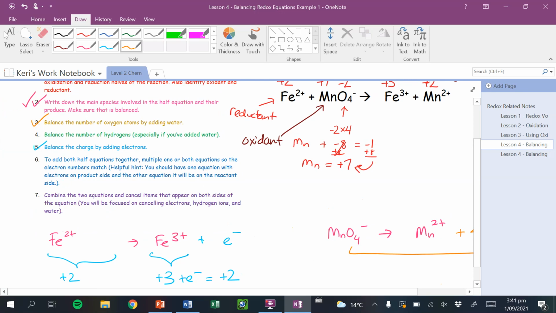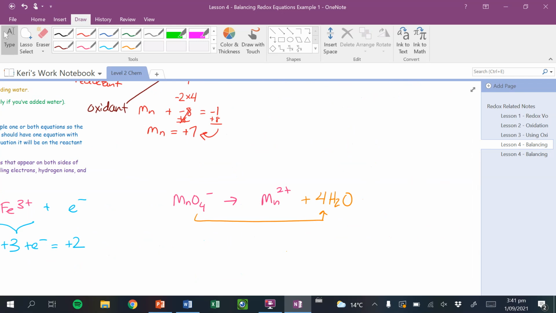Next thing I need to do is then balance for the number of hydrogens. So either I might have hydrogens present in that equation I need to balance for, or I need to balance the hydrogens that I have just added over there. Now, keep in mind there is a subscript behind that's 2, and there's also that superscript in front. So remember, you have basically 2 hydrogens already times the 4.